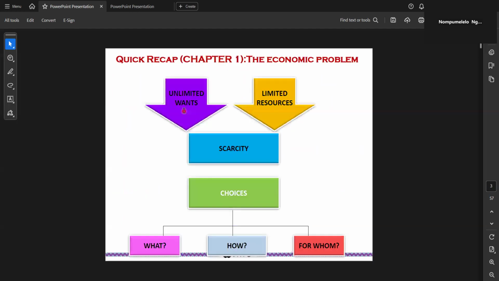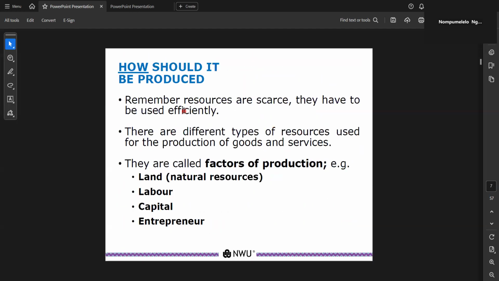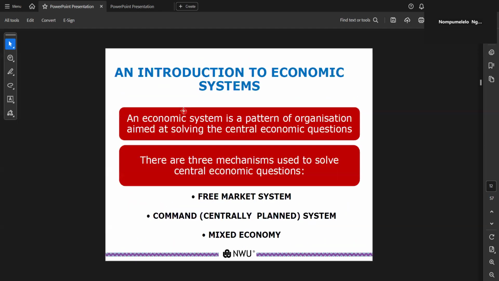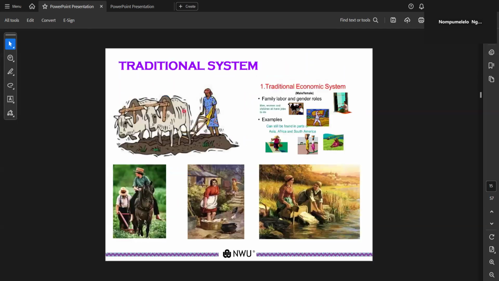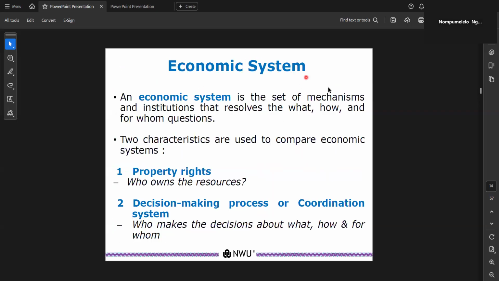What to produce: we look at what our customers are demanding, and that tells us we should produce this because it's in demand. How to produce it: we look at the factors of production we're going to use in the production process. And for whom: the people we're directing those goods and services to, the target markets.